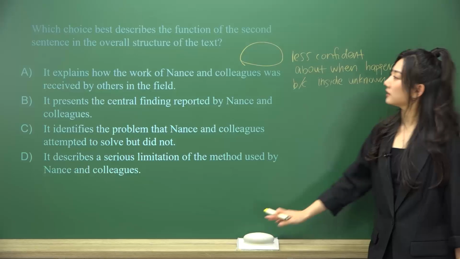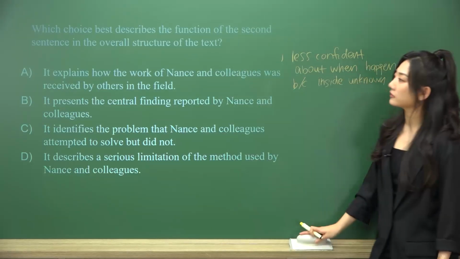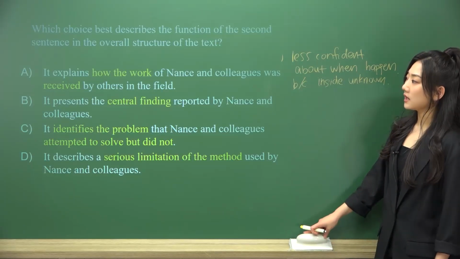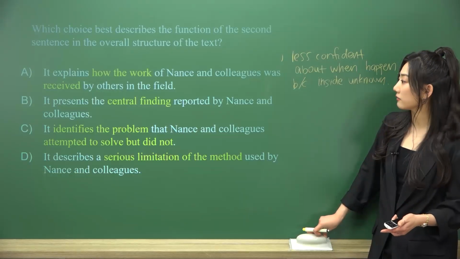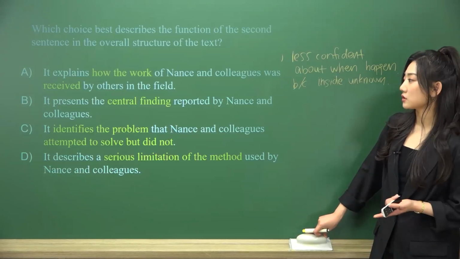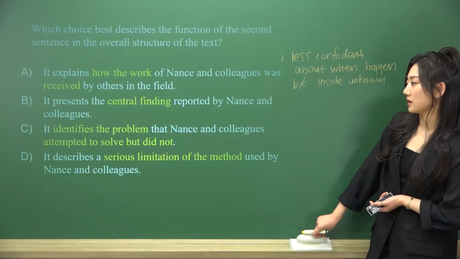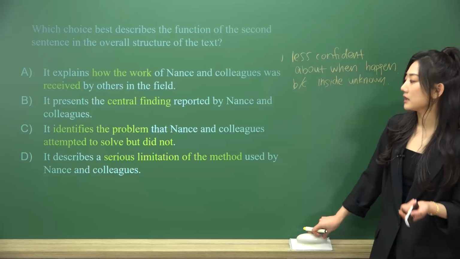Okay? Now keeping this in mind, which choice best describes the function of the second sentence in the overall structure of the text? A, it explains how the work of Nance and colleagues was received by others in the field. B, it presents the central finding reported. C, it identifies the problem that Nance and colleagues attempted to solve but did not. D, it describes a serious limitation.